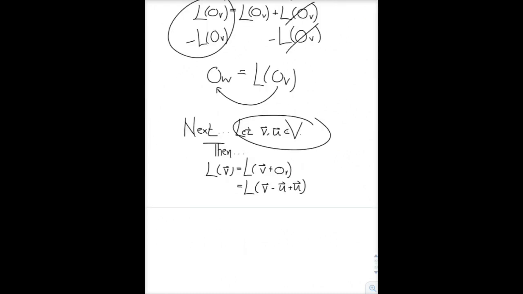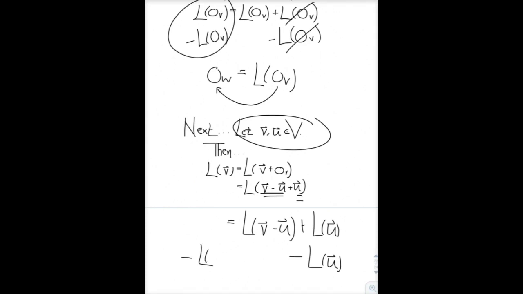Well, the idea is that I can apply the fact that L preserves vector sums and write this as L of v minus u plus L of u. Here the vector sum that I'm applying L to is the vector sum v minus u plus u, and so L must preserve that vector space sum. Now I'll subtract L of u from each side of this equality.